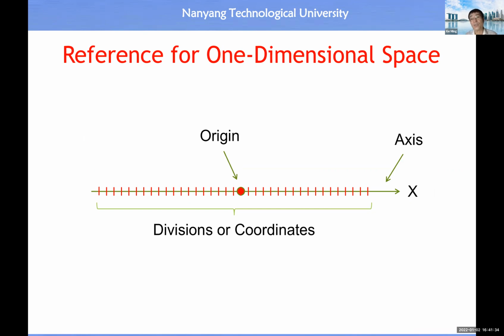And in general, we want a reference for three-dimensional space. If we restrict our study to one-dimensional space, we just need a single reference or axis, in which we have an origin, a direction, and a division or scale.